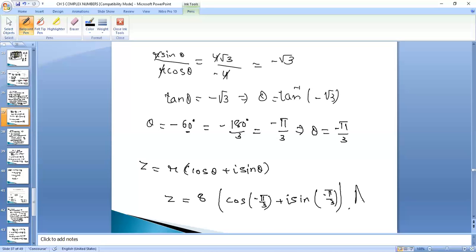This is the polar form. This is the answer, right? This way also you can write. So this is the complete answer for the question.